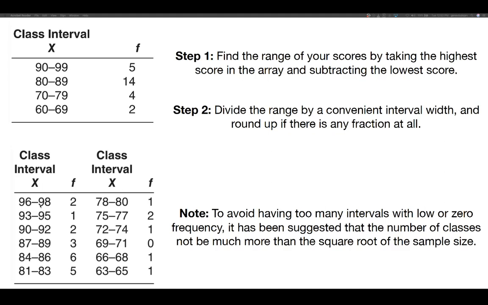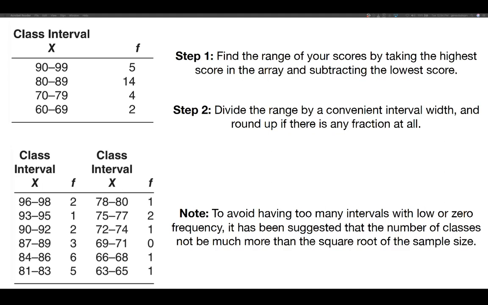So the upper real limit, which is 98.5, minus 62.5, which would result in our range. Now 98.5 minus 62.5 is equivalent to 36.